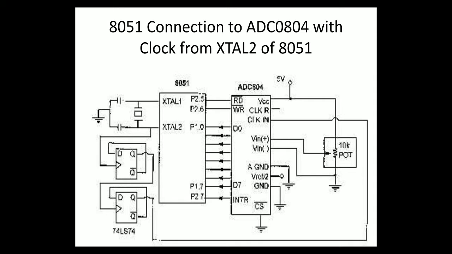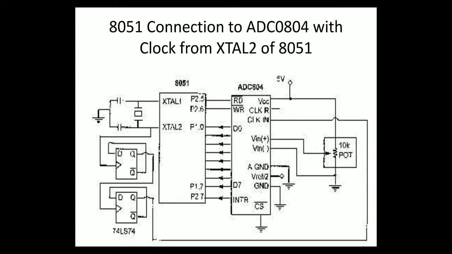When the positive edge of Q occurs, only then will the second latch produce the value on Q, which obviously means that frequency is downscaled, and in this particular diagram it is downscaled by 4. So the crystal frequency is divided by 4, and that frequency is used as the clock input frequency for ADC 0804. It obviously means that your conversion time is very much reduced.